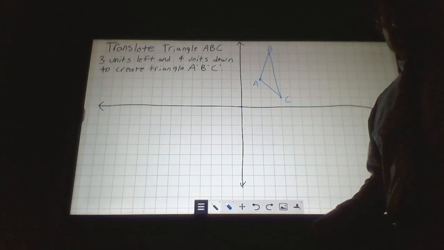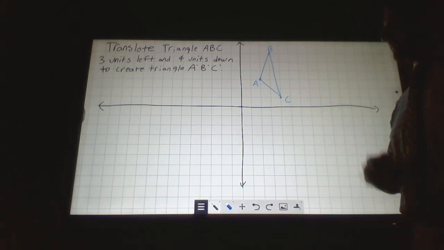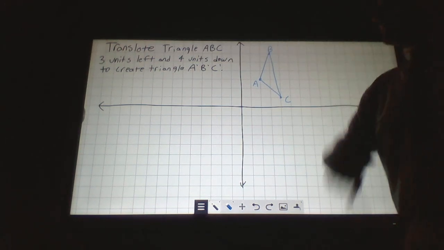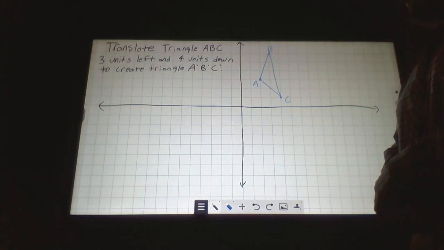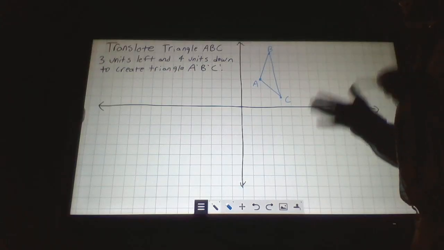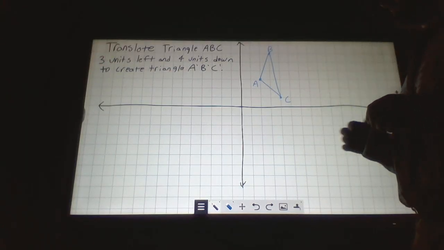then you should have no problem doing basic translations. For instance, this problem says translate triangle ABC 3 units to the left and 4 units down to create triangle A prime, B prime, and C prime.